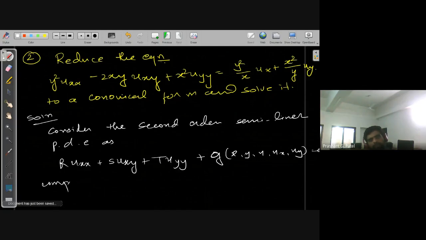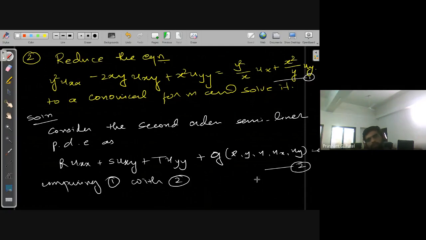Comparing equation 1 with equation 2. So whatever equation we have is equation 1, and this will be equation 2.